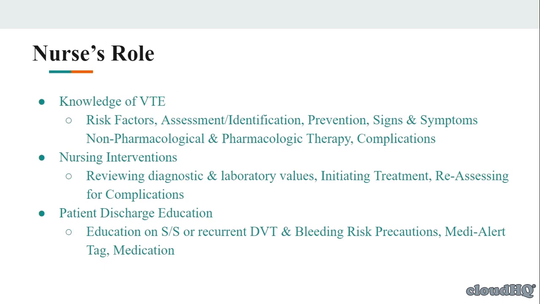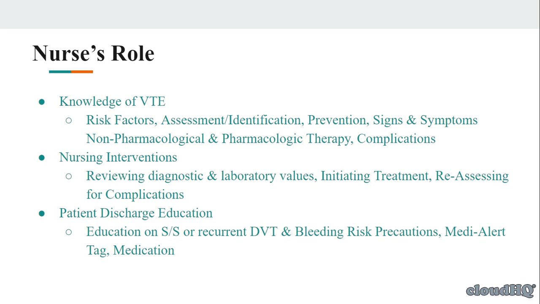What is the nurse's role in VTE management? The role of the nurse is being able to identify risk factors such as patients who are postoperative, immobile patients, stroke patients with lower extremity paralysis, or patients who are critically ill in the ICU.